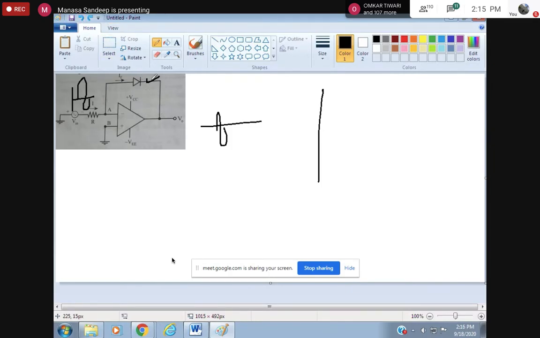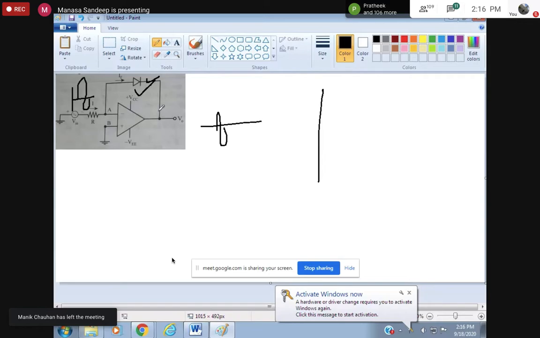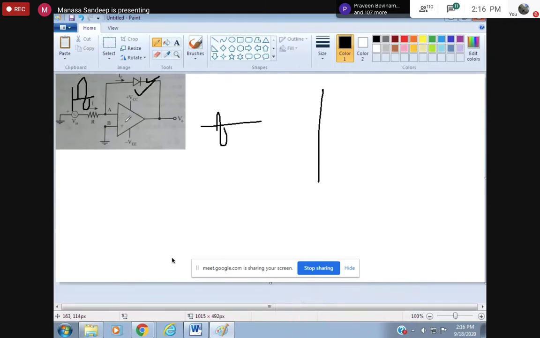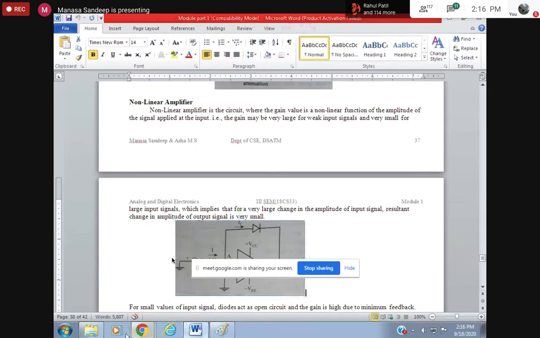It takes some portion of the output, and whatever gain has been obtained here flows back as feedback. This acts as a shortcut, and only a small amount of output flows to the output terminal. So the gain obtained for larger inputs will be small. This is how the nonlinear amplifier works.